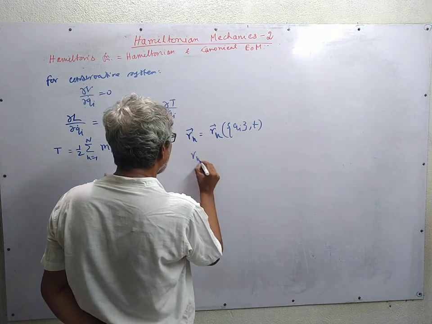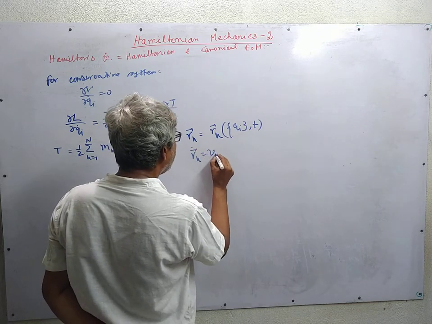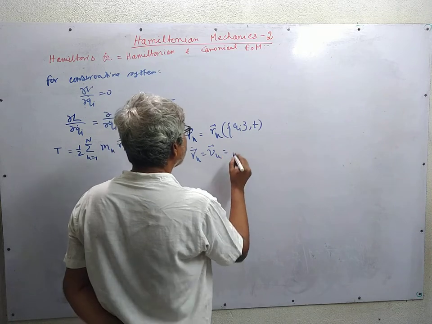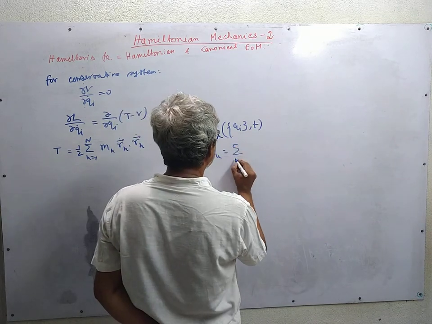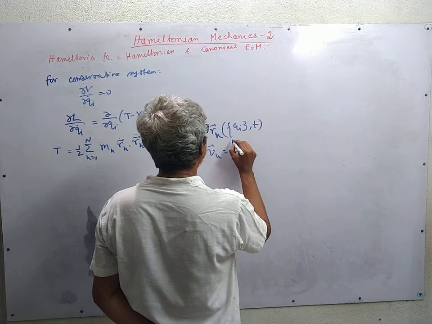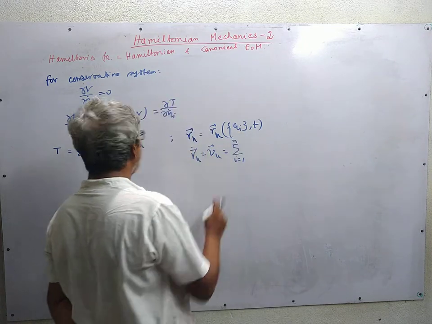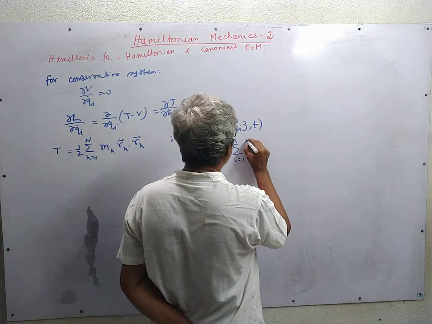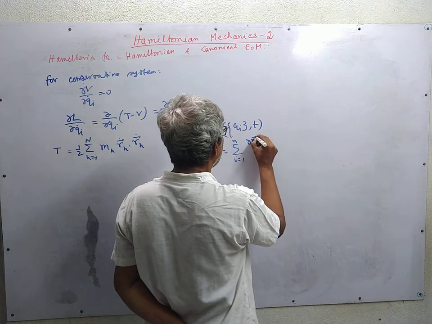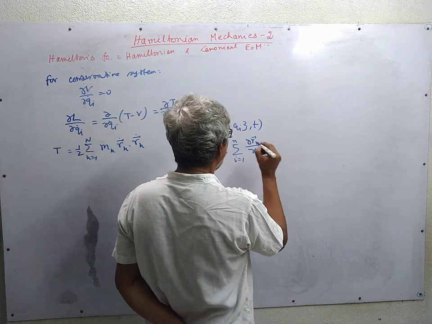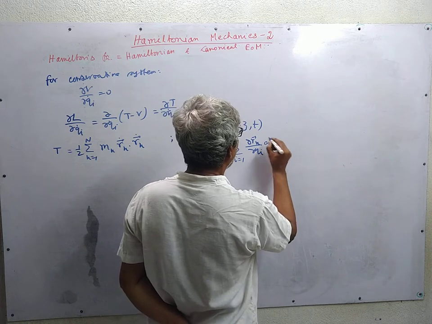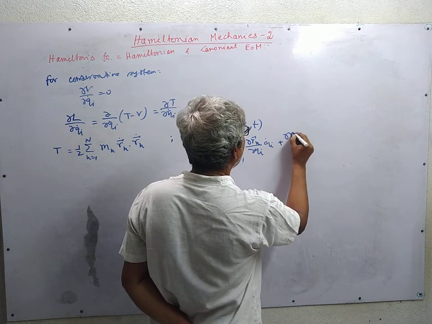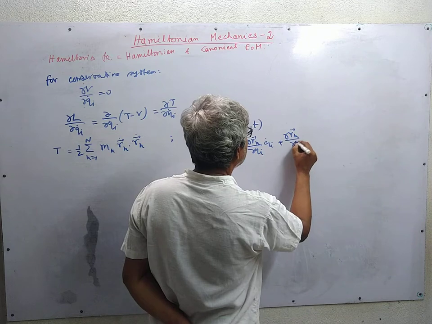So Rk dot, which is equal to Vk, can be written as summation over i equal to 1 to n, the degrees of freedom, with N the number of particles, del Rk del Qi dot plus del Rk del t.